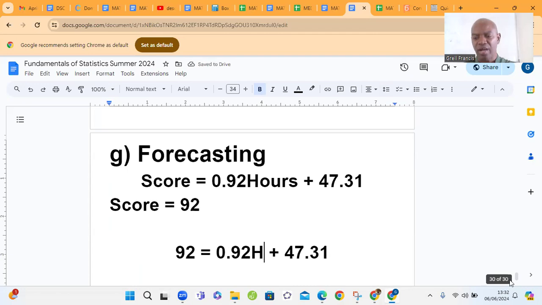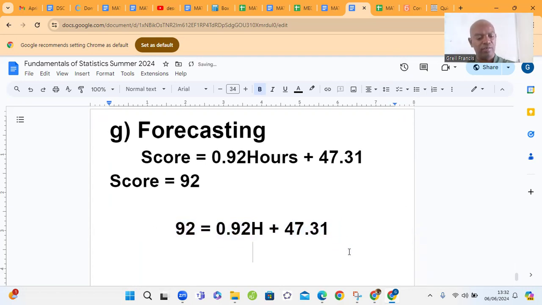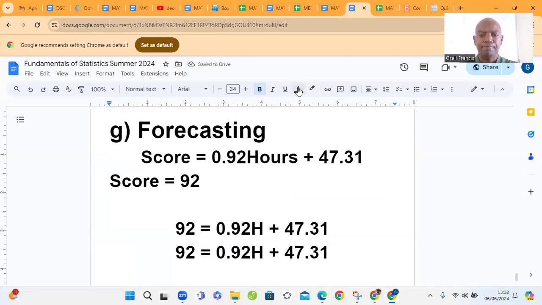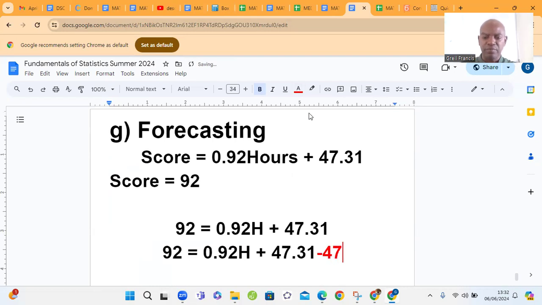We have to apply a little bit of algebra there because we're going to make H the subject of the formula. We have to cancel out that 47.31 first by subtracting. When you subtract 47, bear in mind we're trying to isolate H. We're trying to make H the subject of the equation.